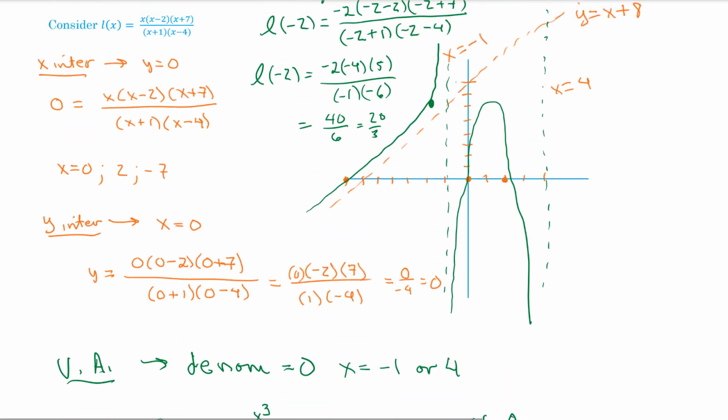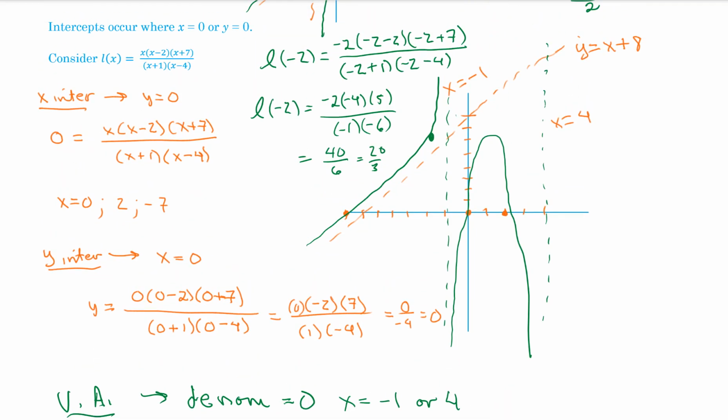Now, in the rightmost section, remember this is going to be things like x equals 5 and 6. So I'm going to come over here to something like 6. The question is, how's the graph behaving in this panel here? Well, I'm going to evaluate the function at 6. When I plug 6 in, I have 6 times 6 minus 2, which is 4, then 6 plus 7, which is 13, over, in the denominator, 6 plus 1, which is 7, times 6 minus 4, which is 2.